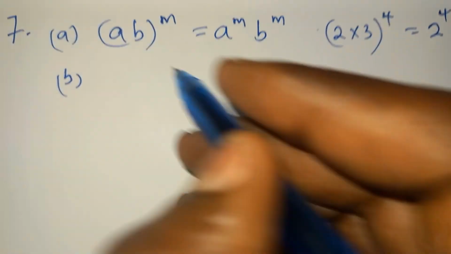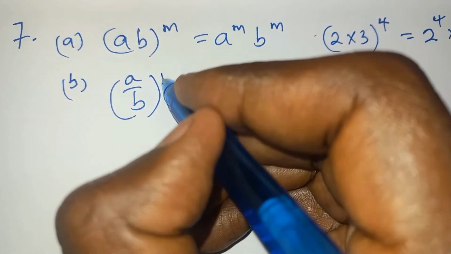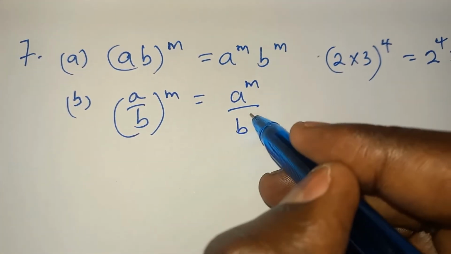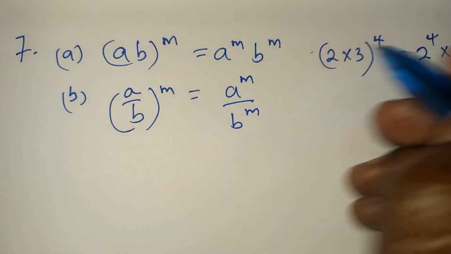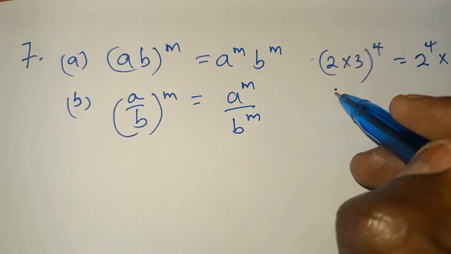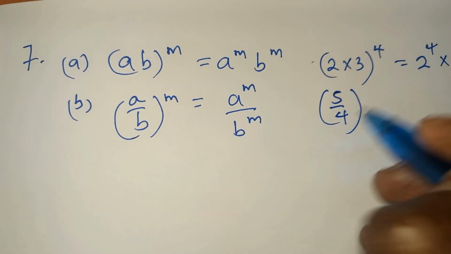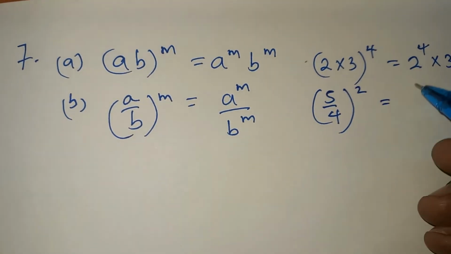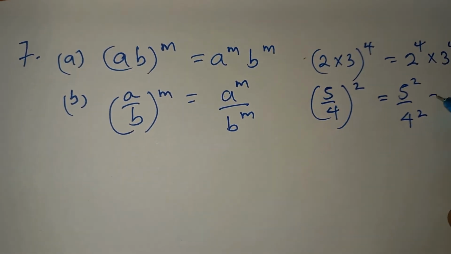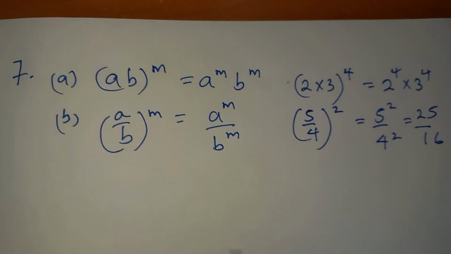Now the second part is a over b raised to the power m is the same as a raised to the power m divided by b raised to the power m. An example of this is if you have, say, 5 over 4 squared, then you can write this as 5 squared over 4 squared. Or if you want to simplify, that is the same as 25 over 16.